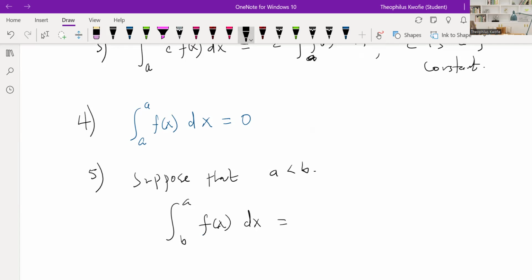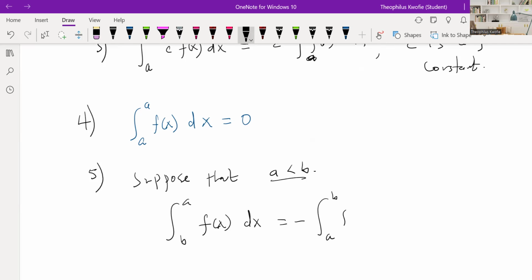Suppose that we are given this problem, but the condition is that A is less than B. But when we look at the limit of the integration, it's as if A is bigger than B because A is the upper limit. So how do we reverse this problem? We can reverse this by negating it, and by negating, we just have to reverse the limit.